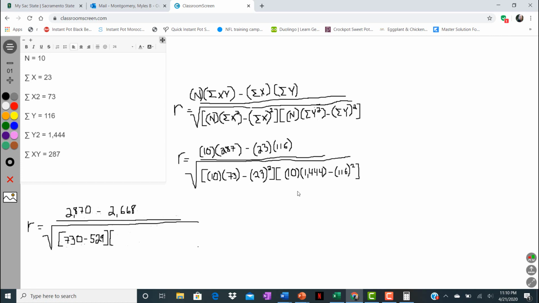Okay, moving on. For the y box, 10 times 1,444, we're just going to end up adding a 0 to the end of that one as well. It's going to push it on over, huh? Okay, minus 116 squared.